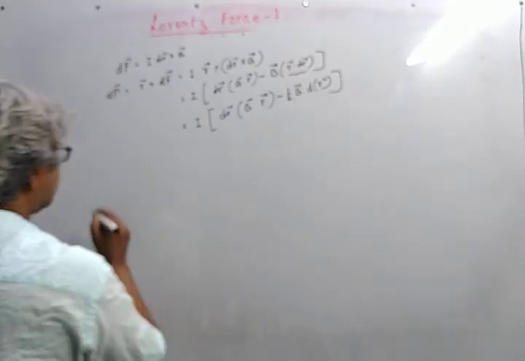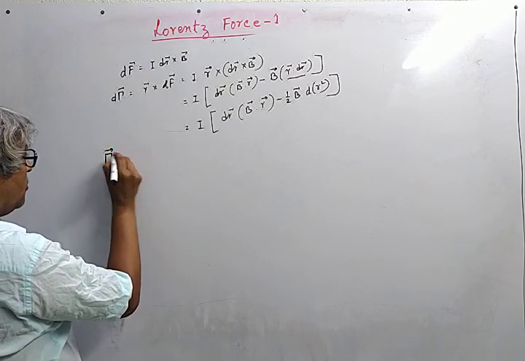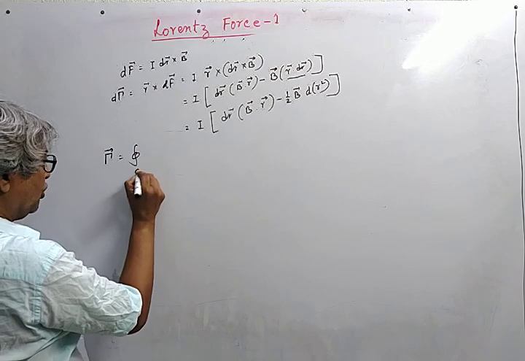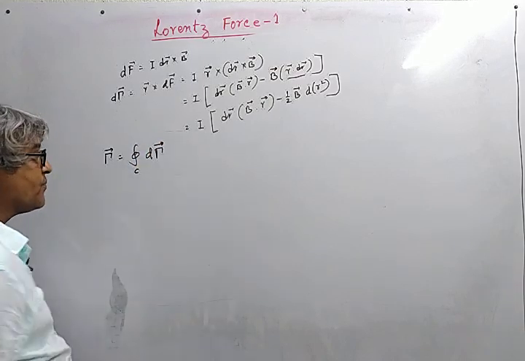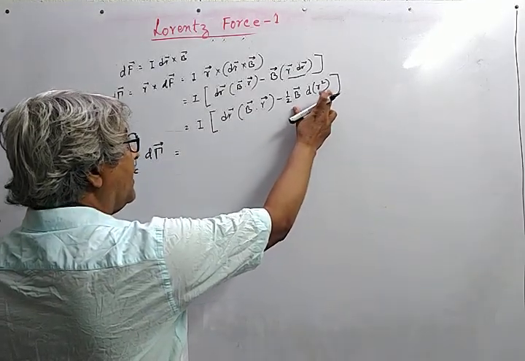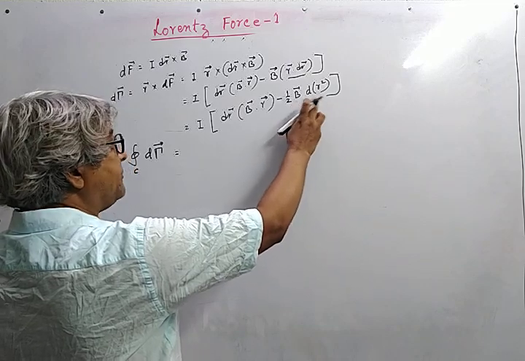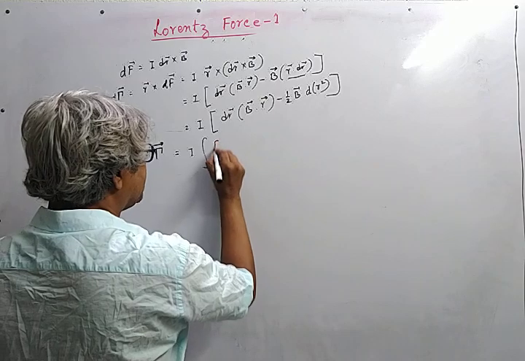So the total torque tau on a current loop is the closed integration of this. And we readily found that, okay, first let me write the general expression.